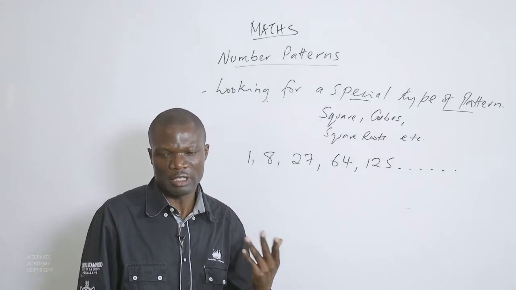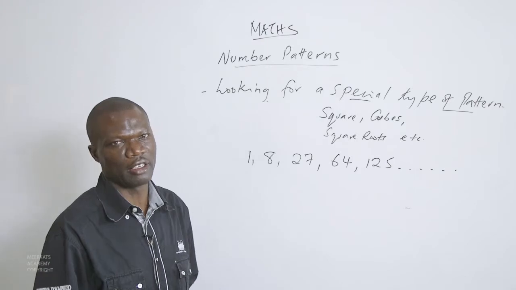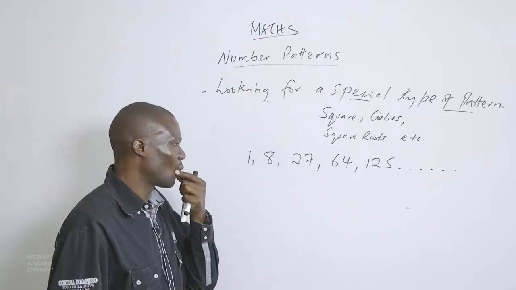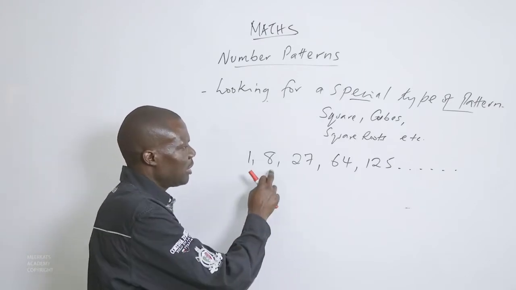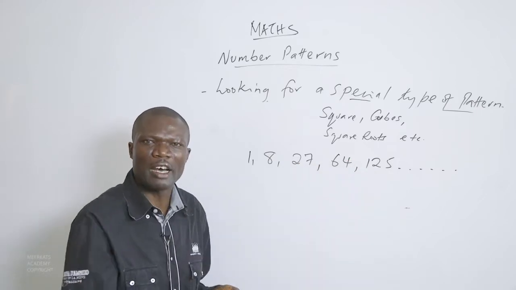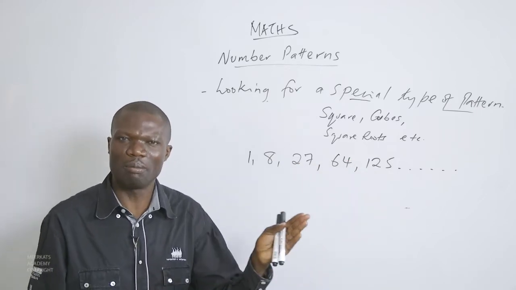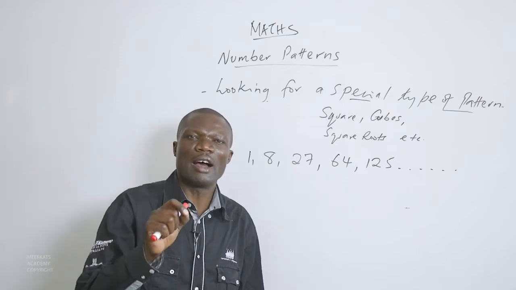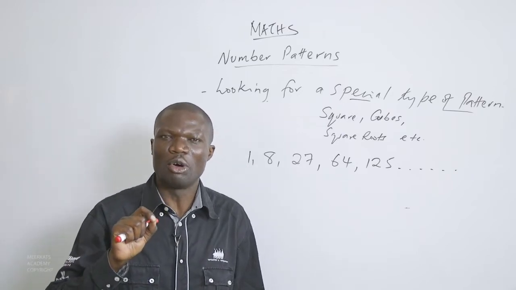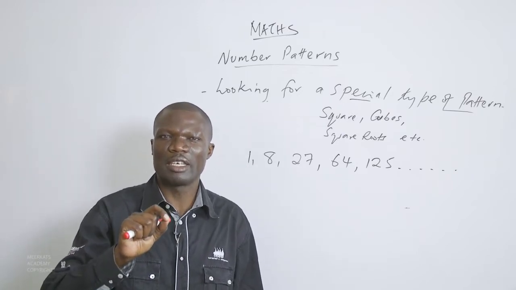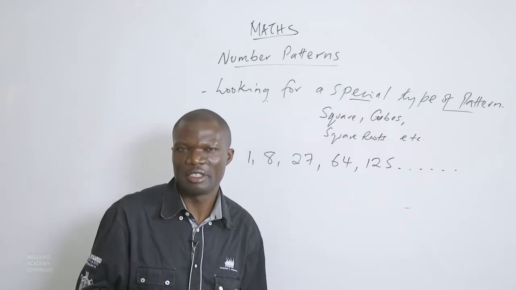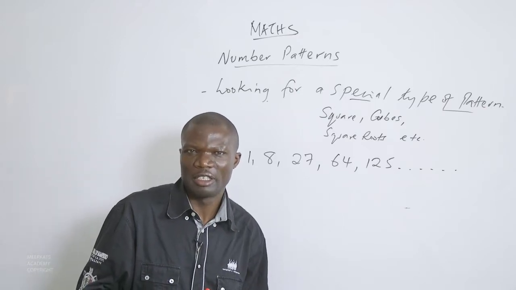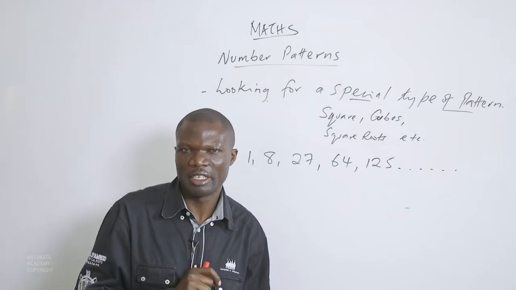Now for this, if you study it very closely, you'll see that each of the numbers given are numbers from which you can easily get the cube root.